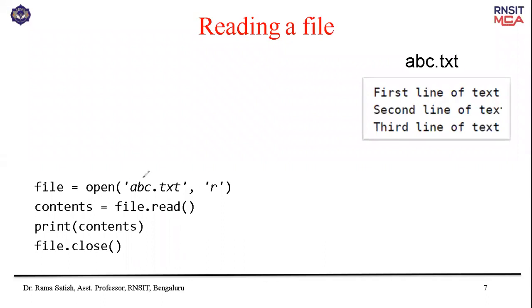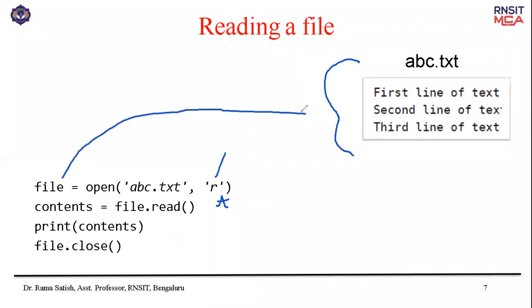Here you see abc.txt, and this is the content. What happens when you open the file in read mode? By default, if you don't give anything, it is read text mode, R and T. The file cursor is created. In some other textbooks, it is also called a file pointer. It will be pointing to the first character.